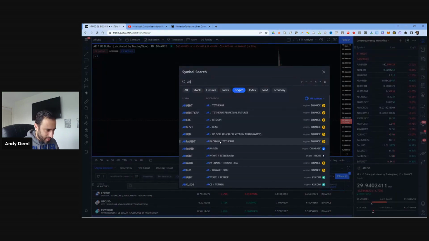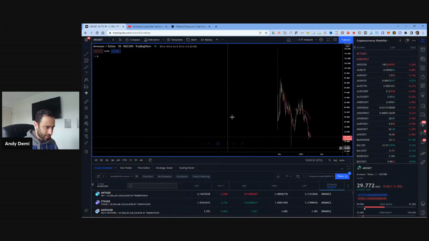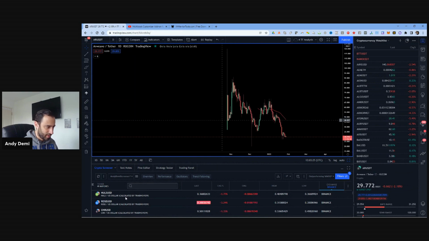I don't know where it was listed before. So we got it on Binance, Qcoin. It may have been listed on one of the smaller exchanges first. Let's see on Qcoin. No, it doesn't look like I've got too much data on this one.